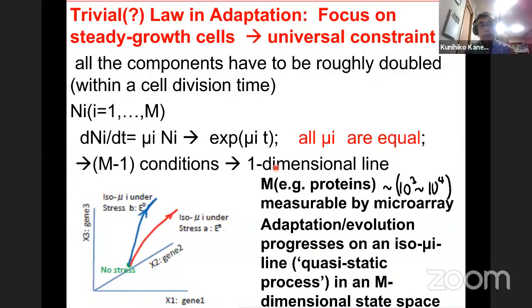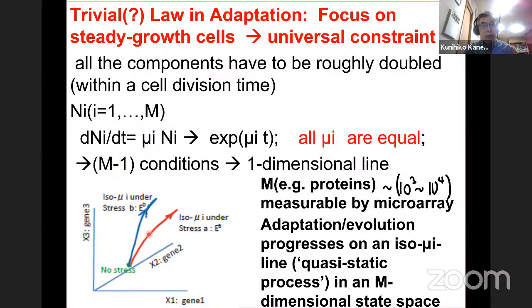To keep this steady growth, all the mu_i have to be equal. But mu_i is generally a function of all the other components, and still it has to satisfy mu_1 equals mu_2 equals mu_3 equals up to mu_5,000 or so. So there are n-1 conditions.